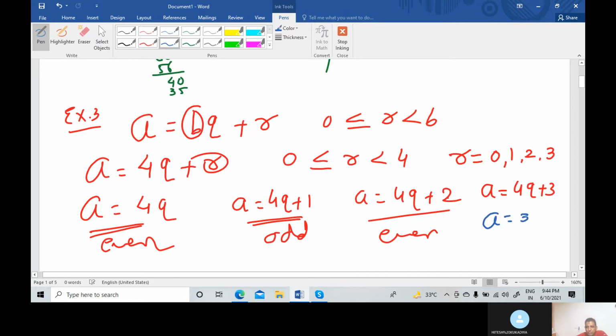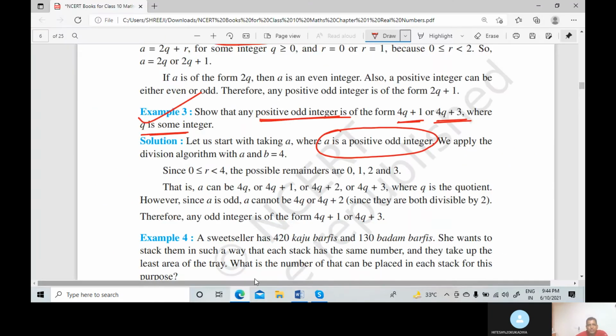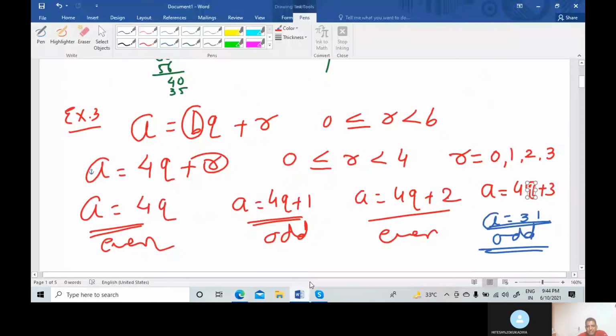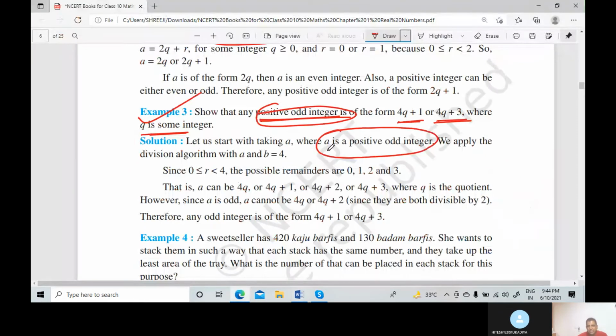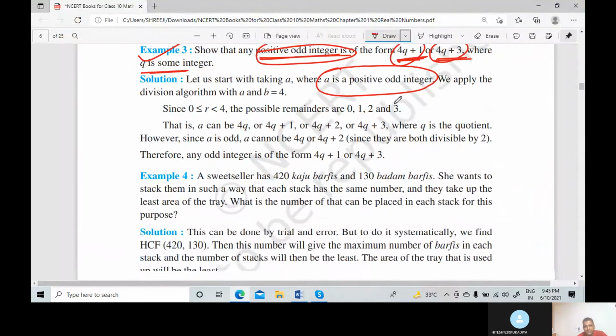So a equal to 31, that means an odd number. But our question is what? A positive odd integer. So a positive odd integer means 4q plus 1 and 4q plus 3. These both are odd positive integers. Check your answer: yes, 4q plus 1 and 4q plus 3. So the answer is right.